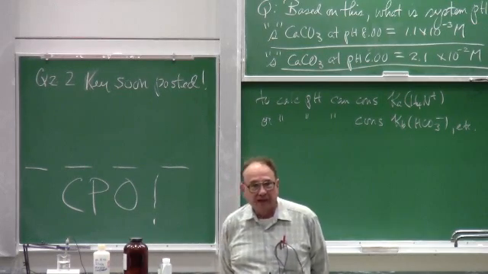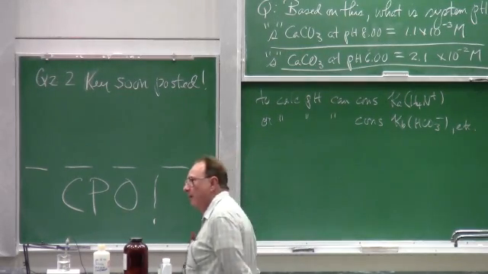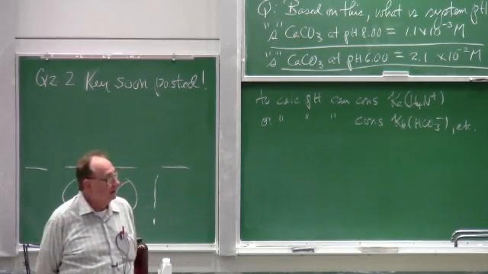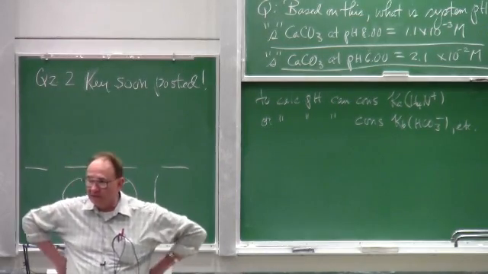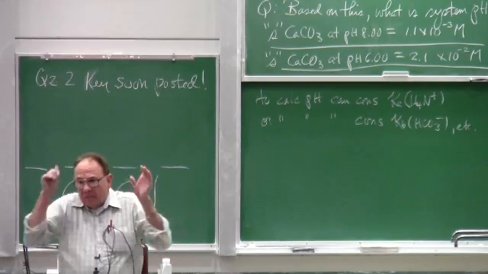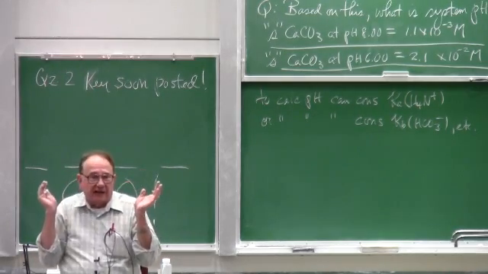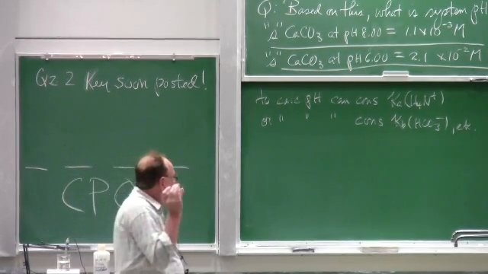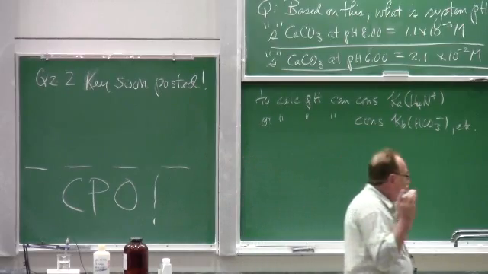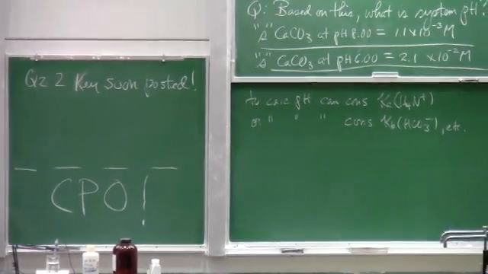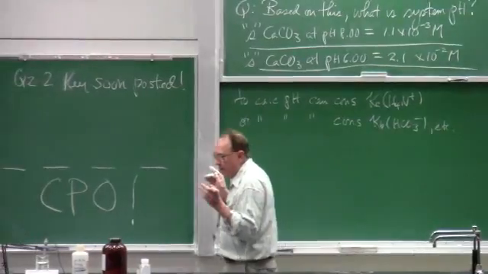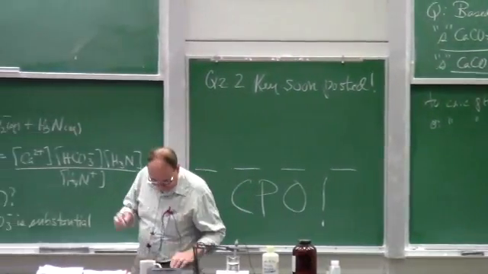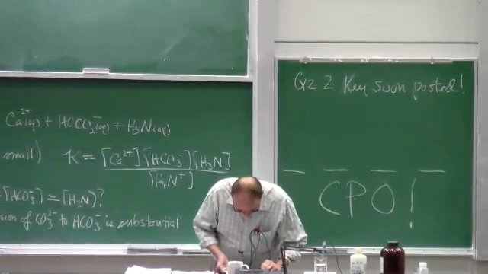Okay? So, what adjustments could we make as we proceed with this investigation? Well, I can say the calculated pH is 4 point, I think I wrote it down, to 2 sig figs. Let's see.